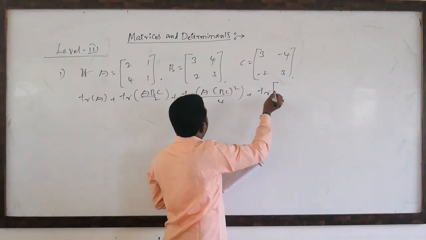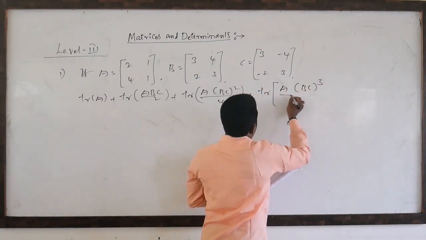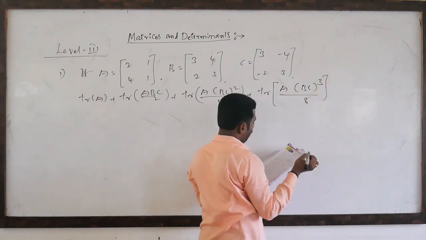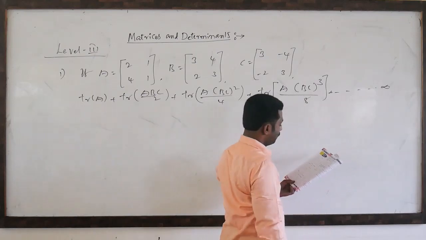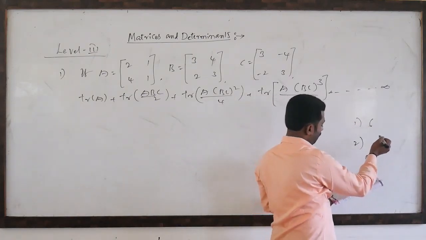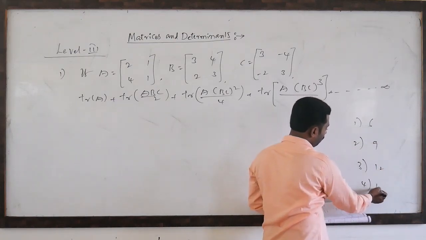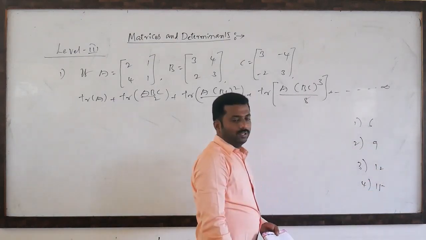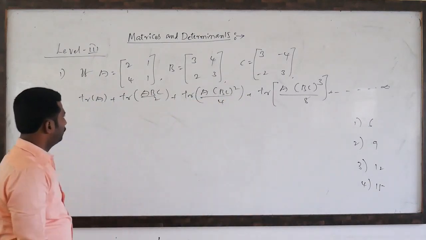Plus trace of A into (BC) whole cube divided by 8 plus, and so on up to infinite terms. So options: 6, 9, third option 12, fourth option 15. So which one is the correct option we have to guess.